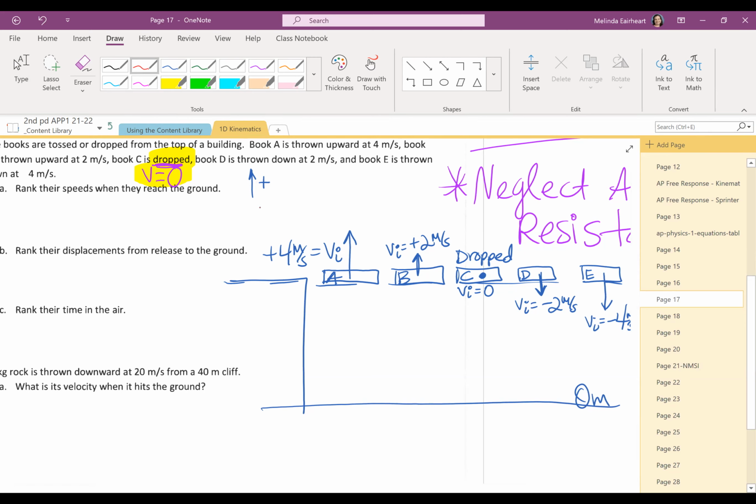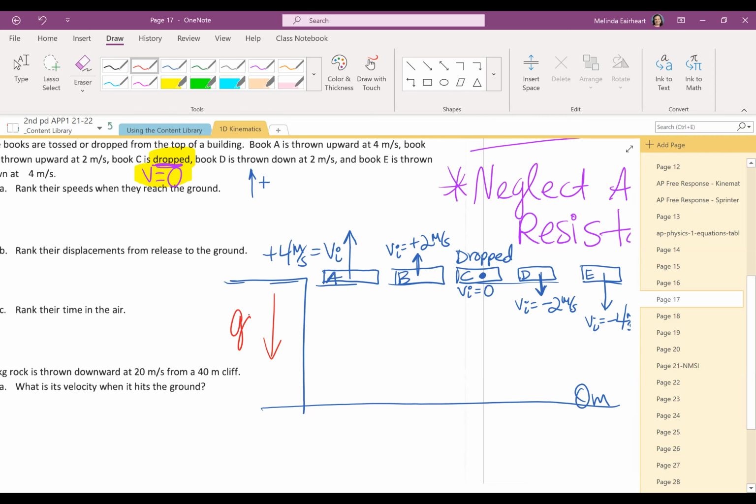It's going to have an acceleration. They all have an acceleration of gravity, right? Not a constant velocity. If you have gravity, you don't have a constant velocity. Free fall, constant acceleration, but you can't have constant velocity.